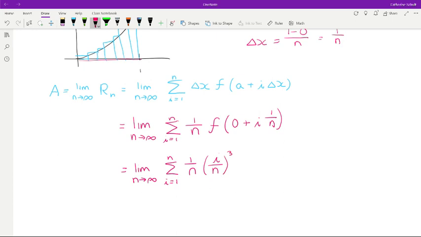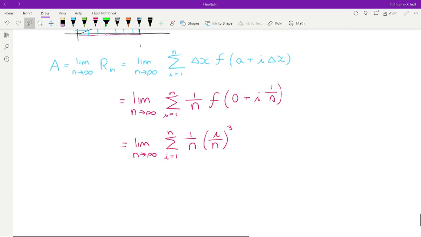So let's clean it up. Cleaning things up, it's always a little bit easier to see how everything's behaving. It also looks nicer. So distribute the cube, so i cubed over n cubed. And then n times n cubed is n to the 4th.